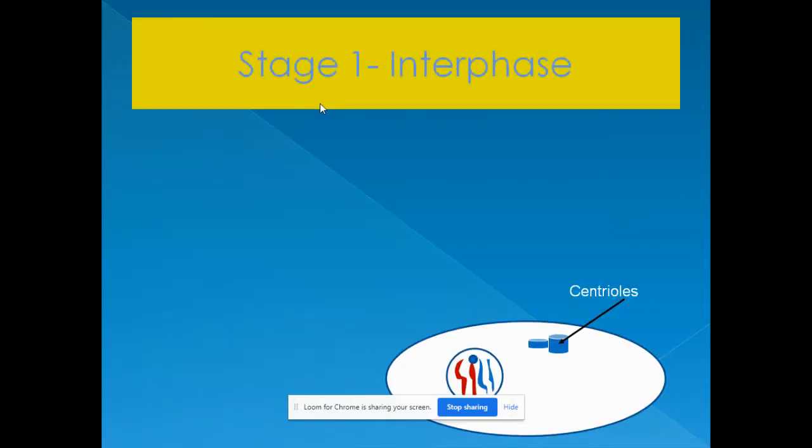All right, so let's talk about each of the stages of the cell cycle. There are 3 stages, remember? Stage number 1, interphase. Stage number 2, mitosis. Stage number 3, cytokinesis. So let's talk about the interphase, which is stage number 1.